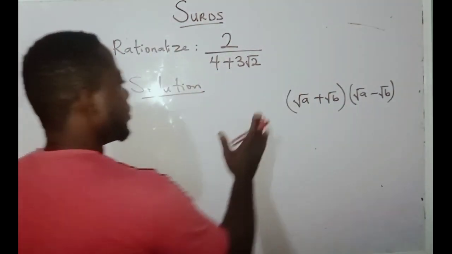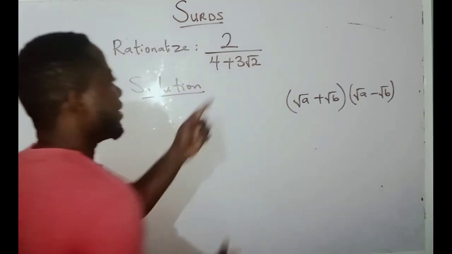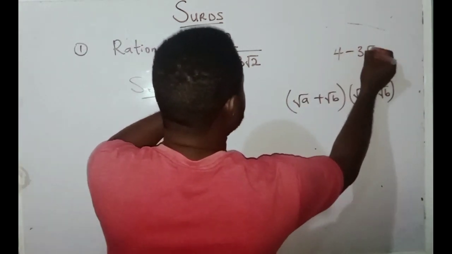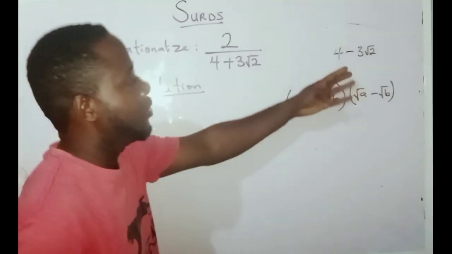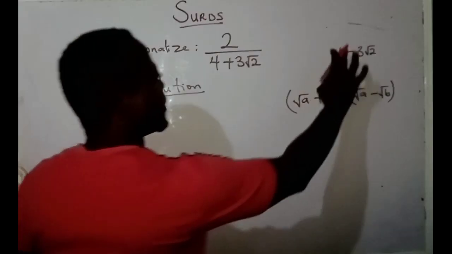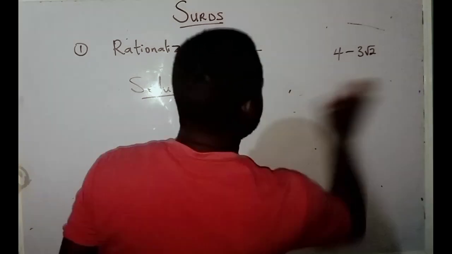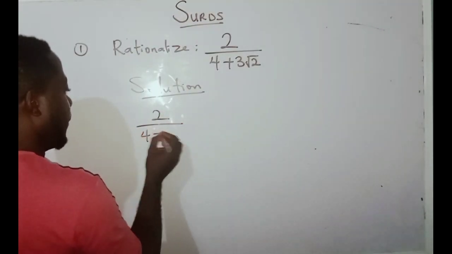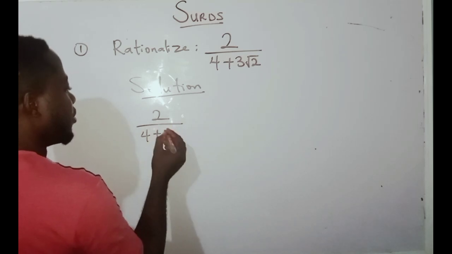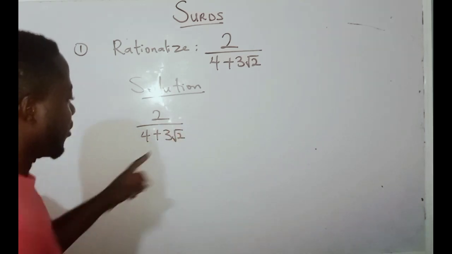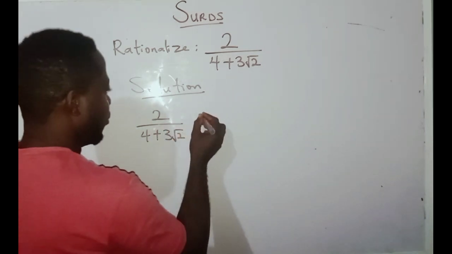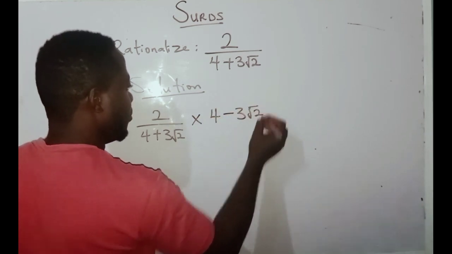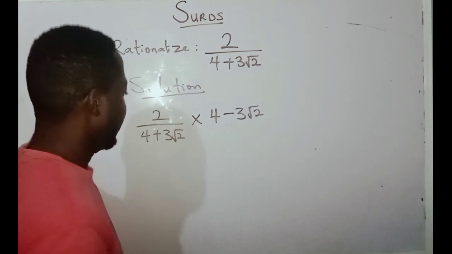Now I'm going to introduce the conjugate to this. That simply means I'm going to introduce 4 minus 3 root 2. And what is this meant for? I'm going to use it to rationalize. To rationalize means we are going to use the conjugate of the denominator. Now, what is the conjugate of the denominator? We all know that it is 4 minus 3 root 2, based on the example I cited.